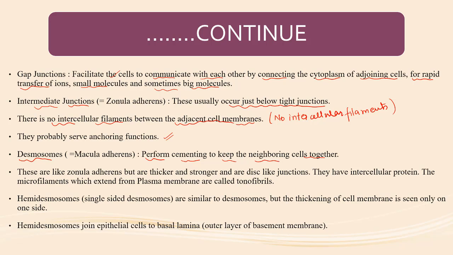These macula adherens junctions have a disc-like protein plate. They are like zonula adherens, but thicker and stronger. Zonula adherens are fine, whereas macula adherens are disc-like junctions that are stronger and thicker.